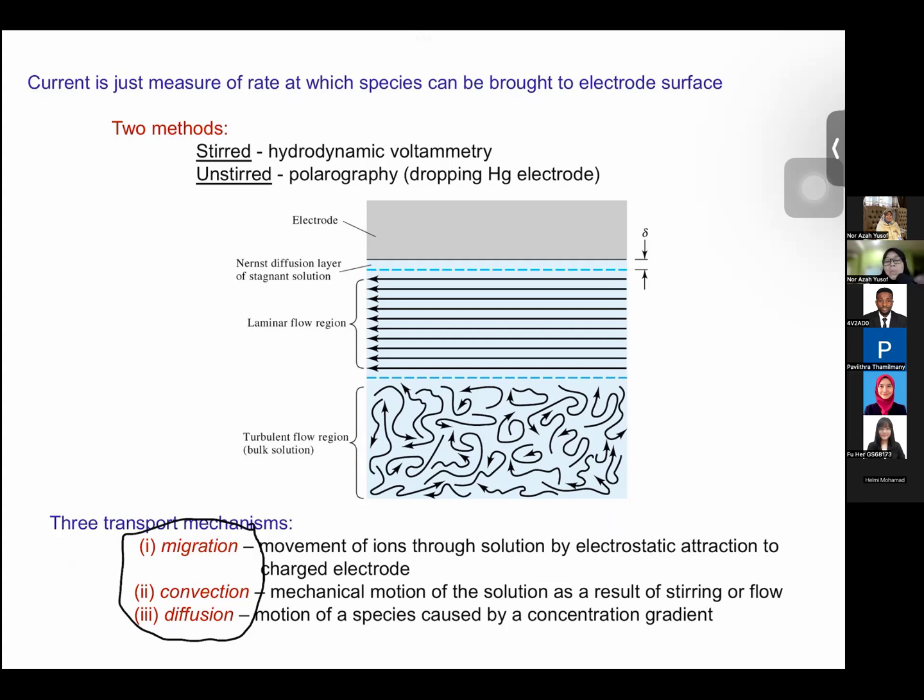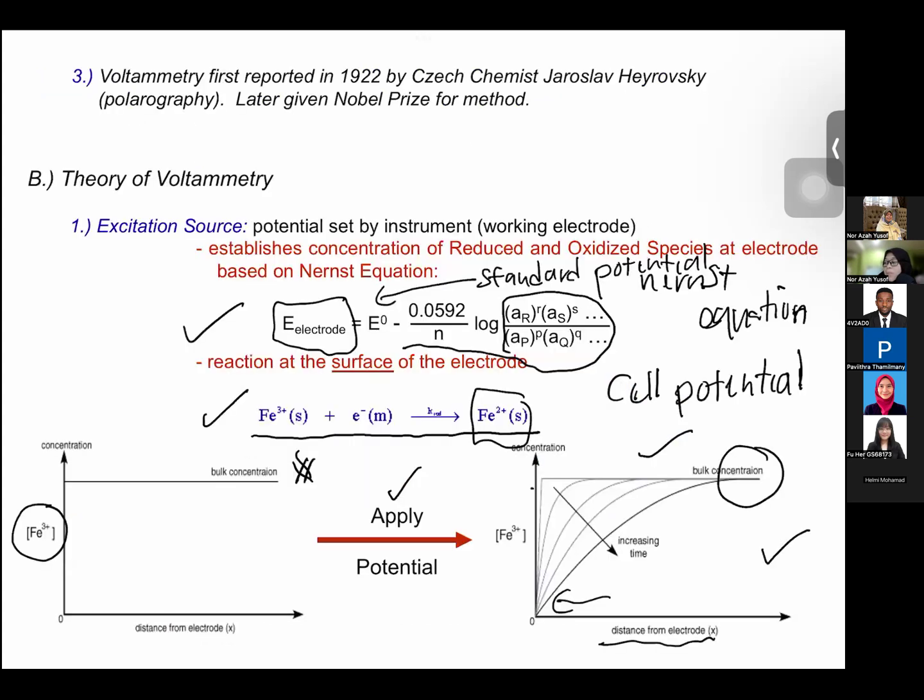Convection, mechanical motion, means that you stir the solution, then the ions also will move. And the third one is diffusion. Diffusion, because just now we look at the bulk concentration is no longer constant.